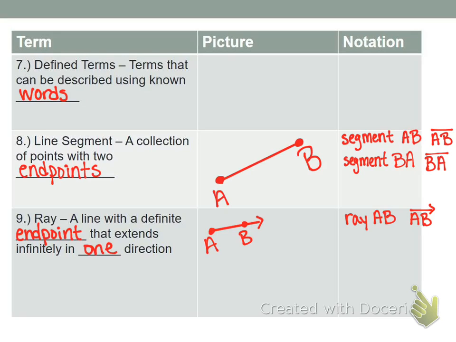We cannot name this backwards. When you name rays, you have to start with the endpoint and head towards the arrow. So if we wanted to name a different ray, we would have to draw a different ray, which we could do.